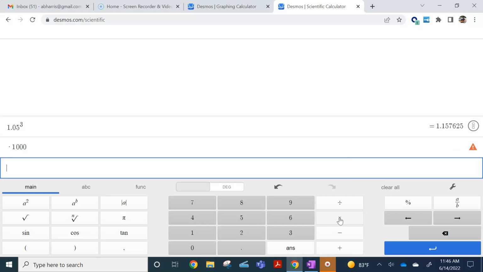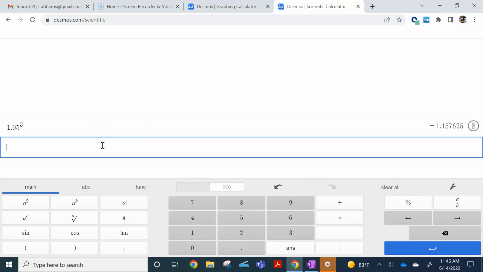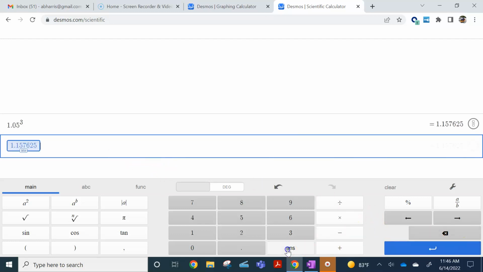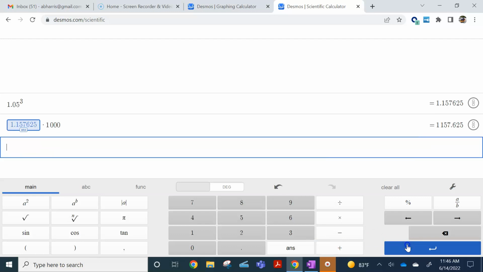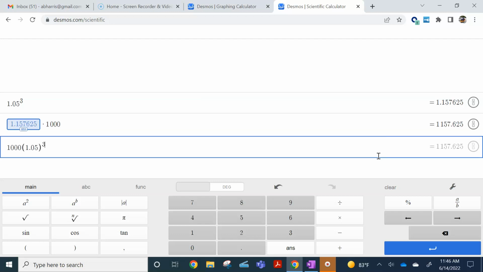So 1,000 times 1.05 to the third. I have to use this answer button, that answer times 1,000. So it looks like 1157.625. You can do it all at once. This is a pretty nice scientific calculator. Just make sure you put in proper notation, with the parentheses and the exponent, and it'll do it for you.